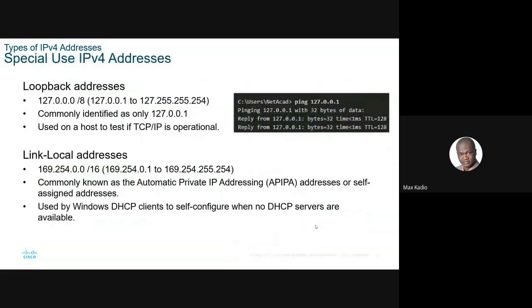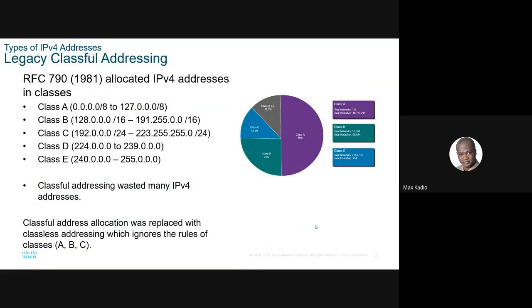I want to show you class A, B, and C. So for class A, any IP whose first block is between 0 and 127, we say that IP belongs to class A. If you see an IP address starting from 128 to 191, we say that IP address belongs to class B, and so forth.